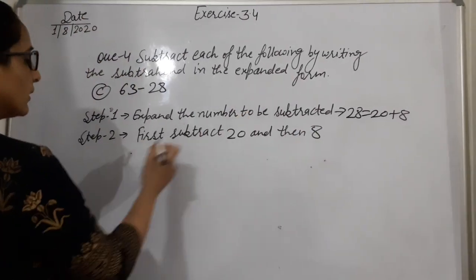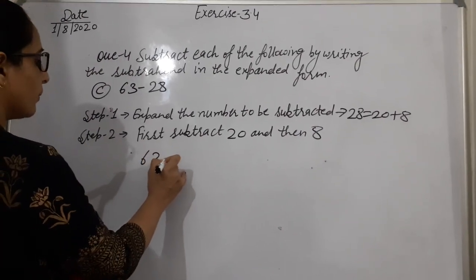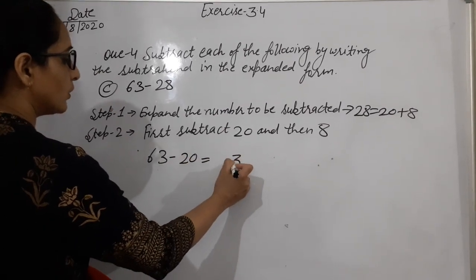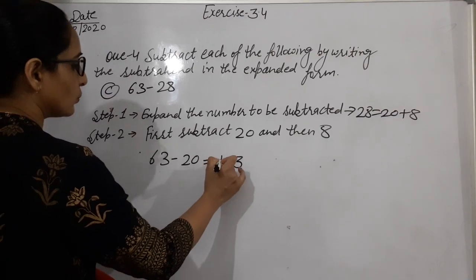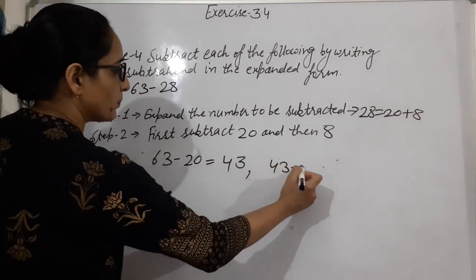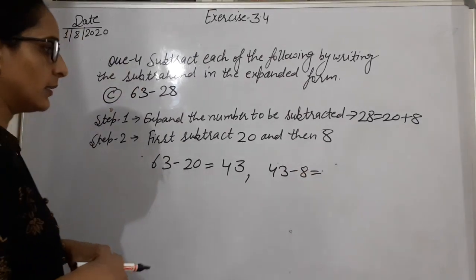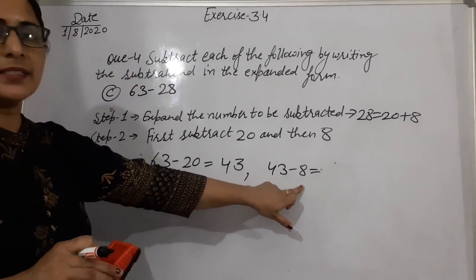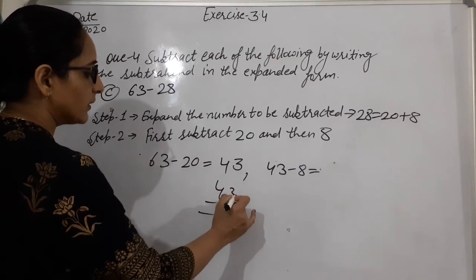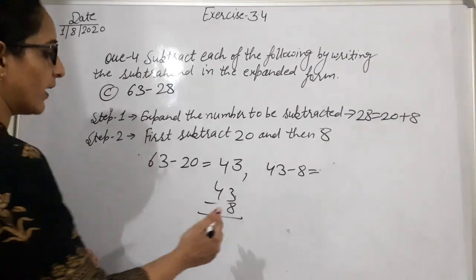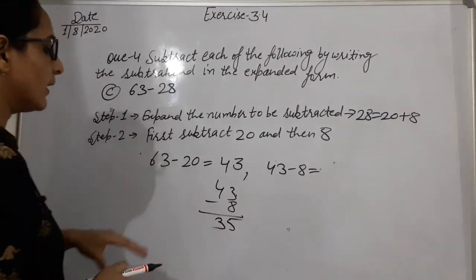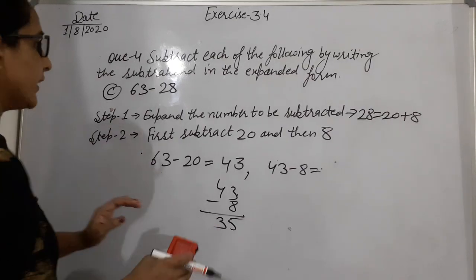So let's see, 63 minus 20: 3 minus 0 equals 3, 6 minus 2 equals 4. And now from 43 you subtract 8. Clear? 43 minus 8: 13 minus 8 equals 5, and 3 is remaining. Clear? So the answer is 35.